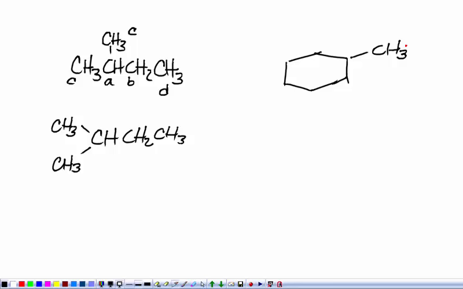Methylcyclohexane. How many sets here? 3? Sure. 2? I'm going to go with 4. 4? Yes.